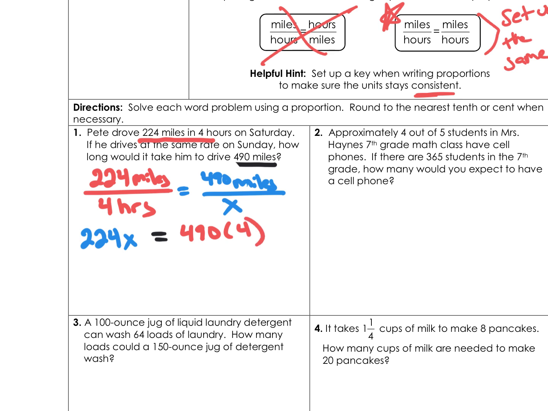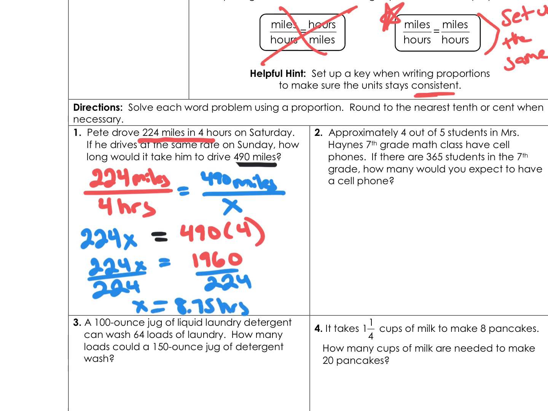And 490 times 4 is 1,960. And we have 224x equal to that. I'm going to divide both sides by 224. So in the end, x is equal to 8.75 hours, or because it's a decimal, we could also say it's 8 3/4 hours.